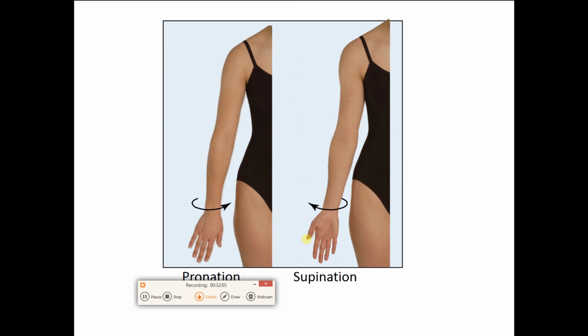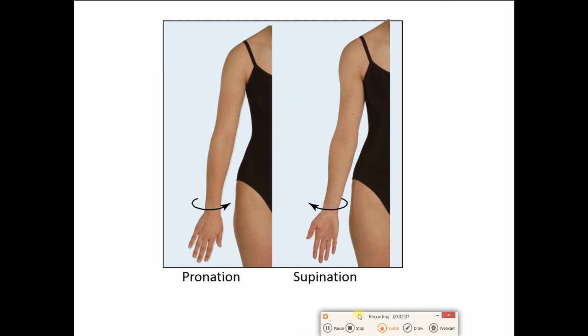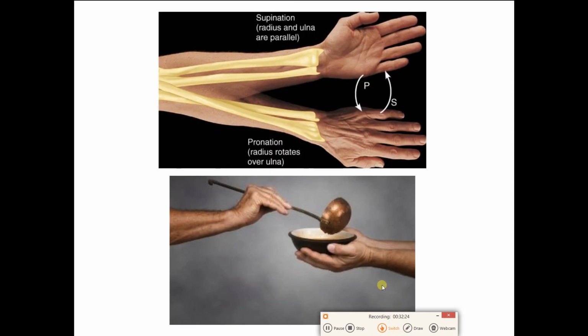Okay, last but not least, a couple special hand forearm motions. When your palm is forward, it is supinated. So the act of rotating your palm forward is supination. The act of rotating your palm backwards is pronation. You can also think about this as your hands being up or down, right?